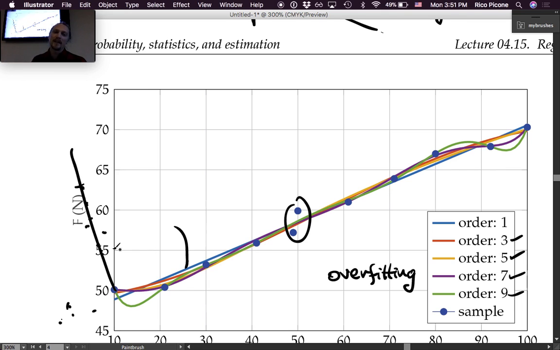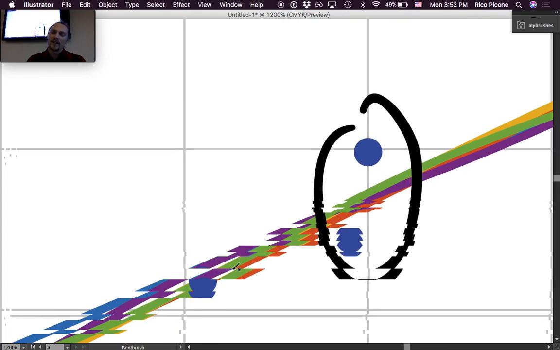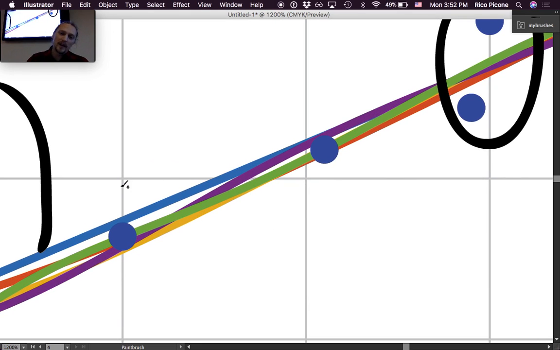The other part of it is that the predictions we're making are based on a finite data set, right? So for instance, if you took away a few of these points, or if you zoomed in, let's look between this point and this point.